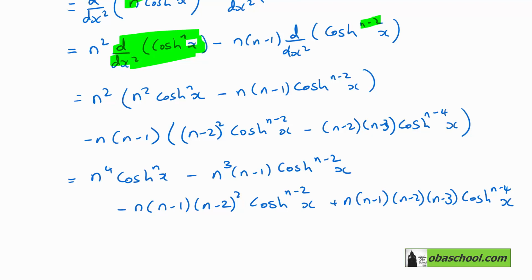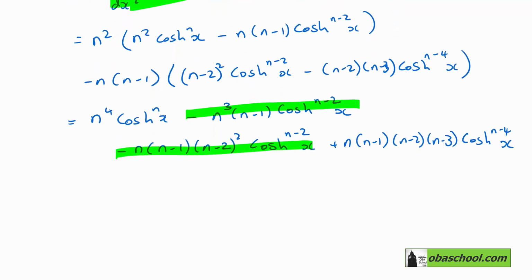Now, there's almost certainly some simplifying that can get done between these terms here, but for 2 marks, I don't think we need to do it. I think what we've done is sufficient for the marks.